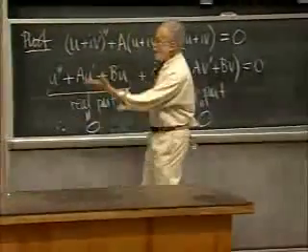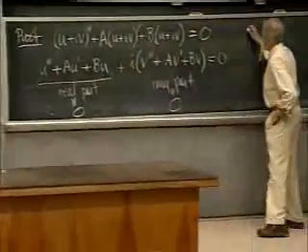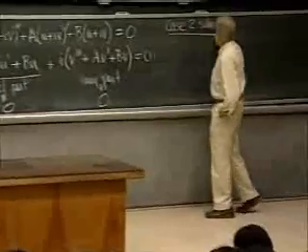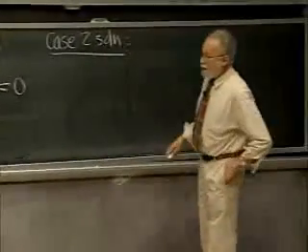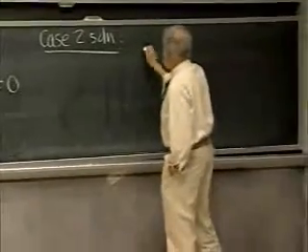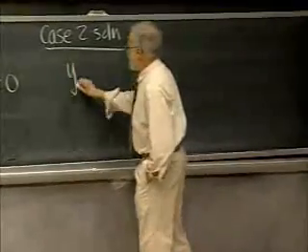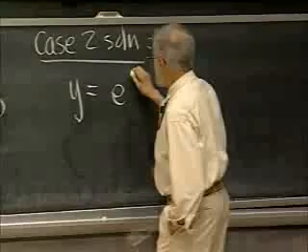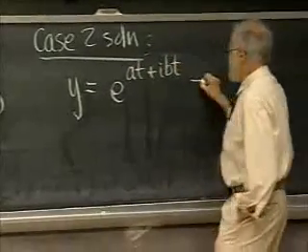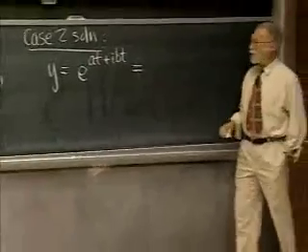Well, so how do I solve it? What is the case 2 solution? What are the real and imaginary parts of a plus bi? Well, y equals e to the (a plus bi)t. You've had experience, you know how to do this now.